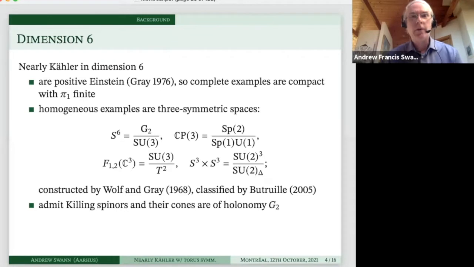There's been some study of these nearly Kähler manifolds in dimension 6 via Killing spinors, and there have been nice relations to their Riemannian cones. So one nice characterization in nearly Kähler geometry is that the Riemannian cone automatically has holonomy G2.